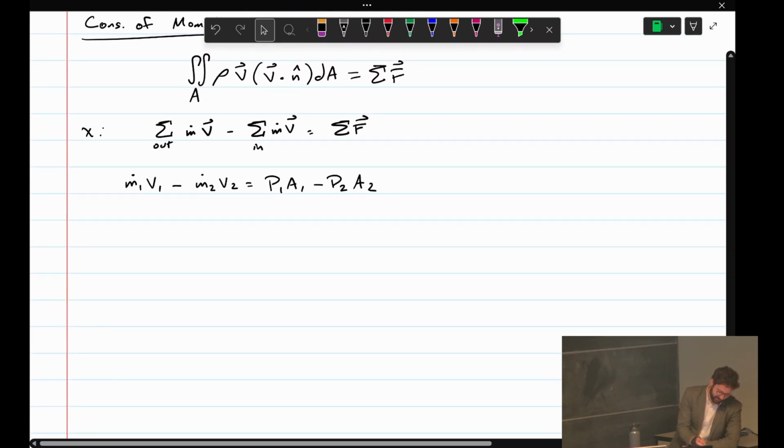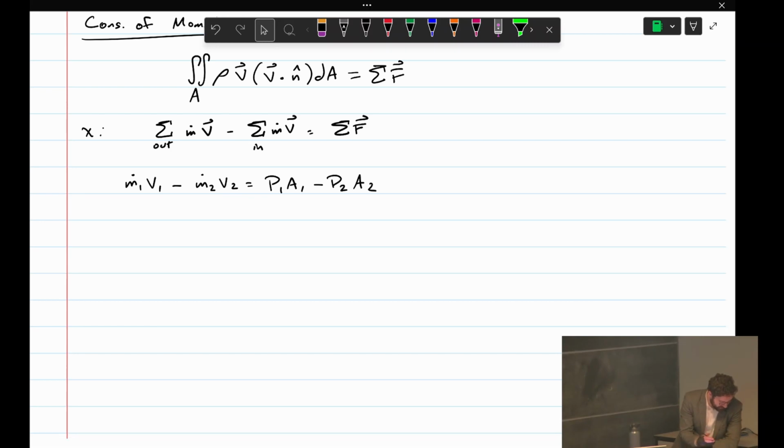Okay, so I want to get to the second question today. This is just basically algebra from here. Using m dot is rho VA for each of those sections, we get this expression.